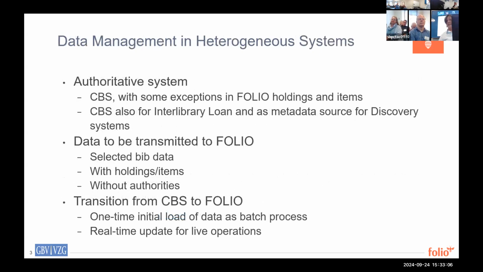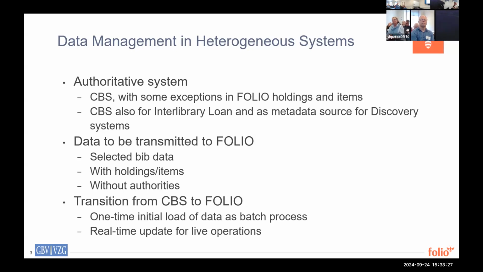Data management takes place in different systems in our world. The authoritative system is the CBS. We also use the CBS for interlibrary loan and as metadata source for discovery systems.